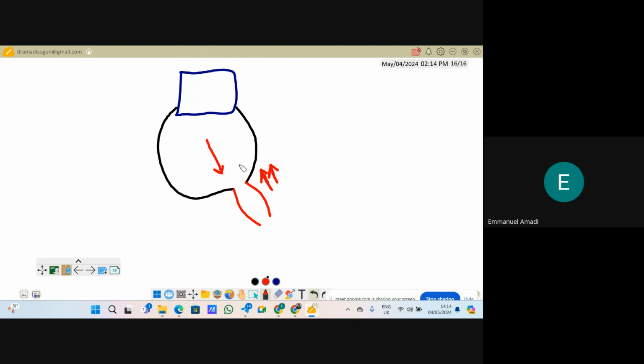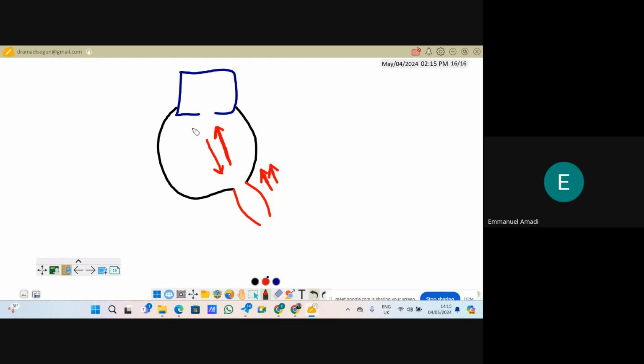It does not go back because the mitral valve will be closed. But let's assume now this patient has a regurgitation, for example, a mitral regurgitation. Now, if this patient has a mitral regurgitation, this blood has two pathways it can go. It can come through the aorta, which is what should happen in a normal person, or it can go back via this mitral regurg into the atrium.